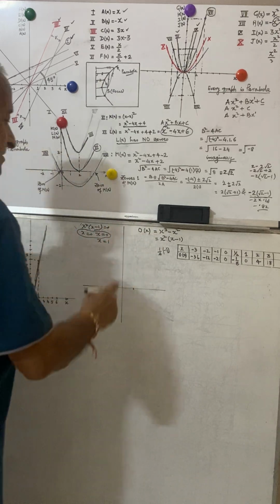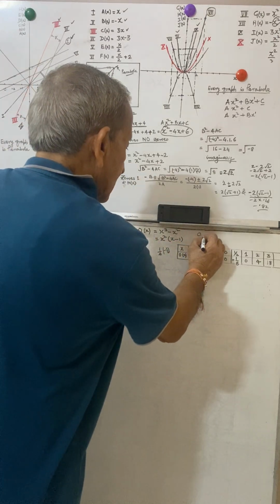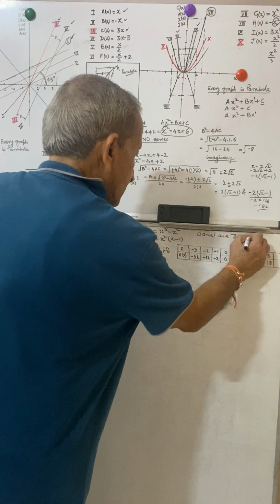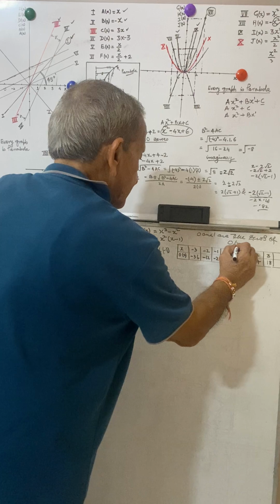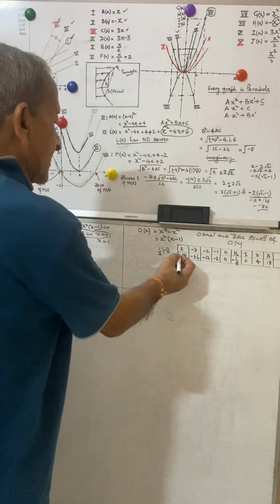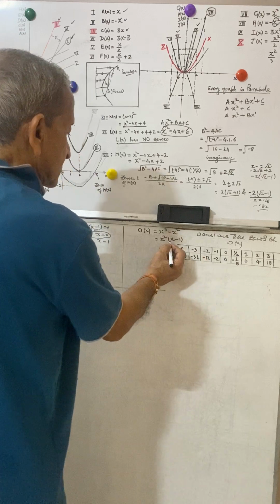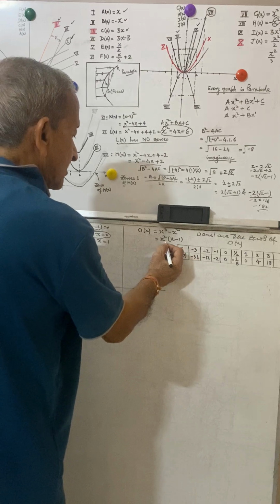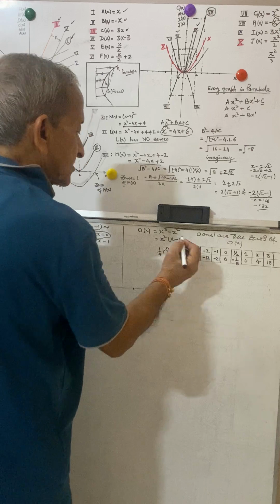0 and 1 are the zeros of polynomial p(x). We will write like this. Now let us plot it. x then p(x). For x equal to minus 3, minus 3 cube into minus 3 minus 1, that is minus 4; minus 3 square is 9, 9 into minus 4 is minus 36.